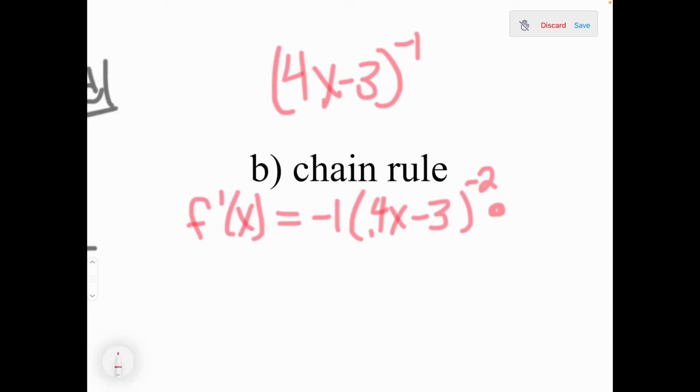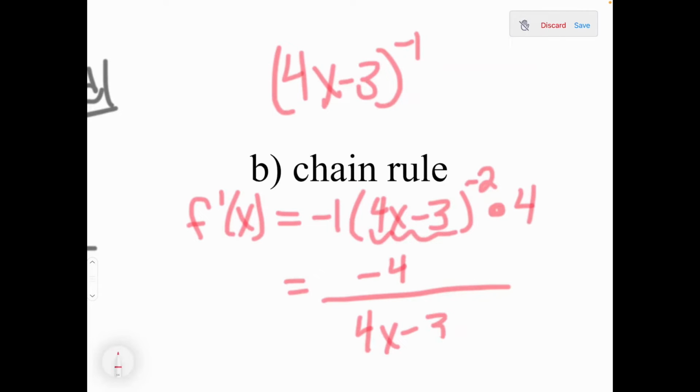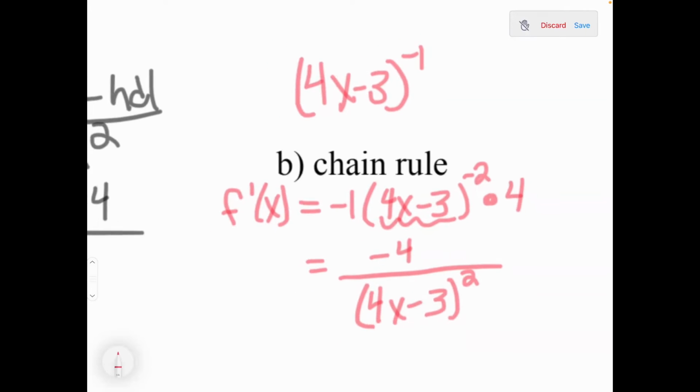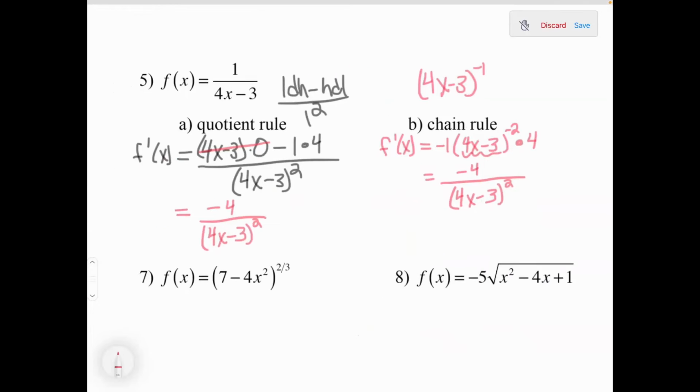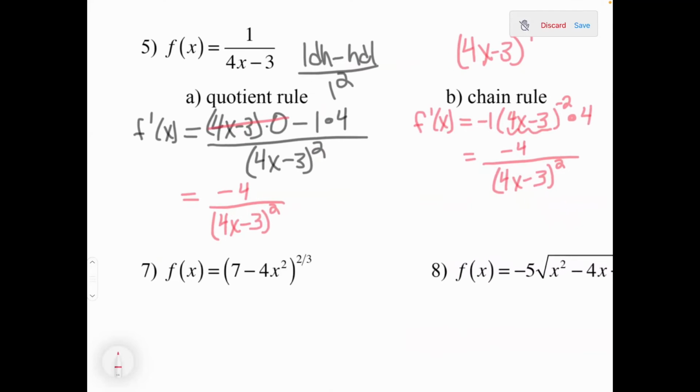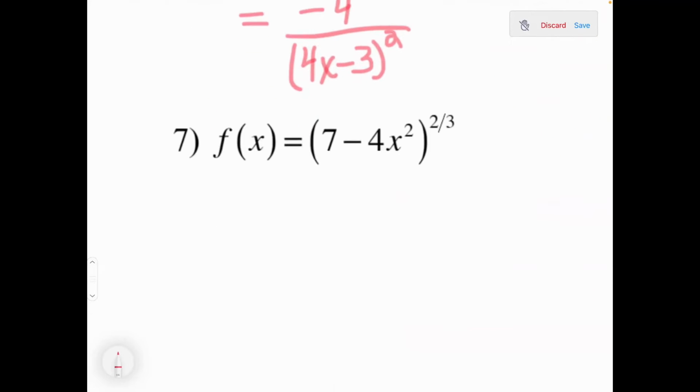Then we multiply by the derivative of the inside piece, which is 4. We multiply the negative 1 and the 4 together and get negative 4. We divide by 4x minus 3 to the positive 2 power if we want to make that exponent go from negative to positive. And we see that we did get the same answer both times.